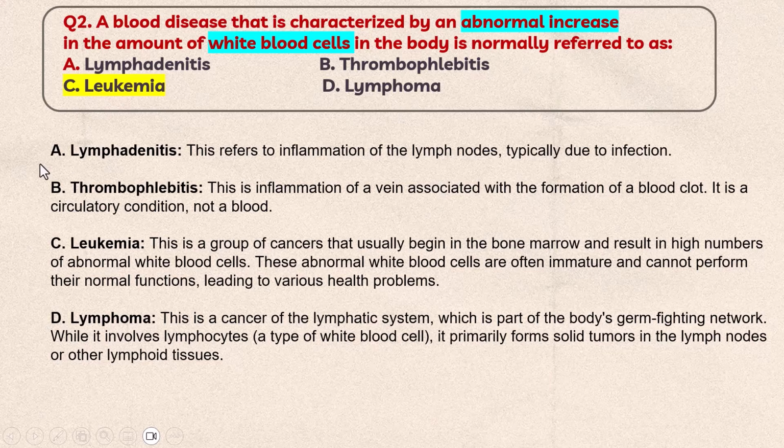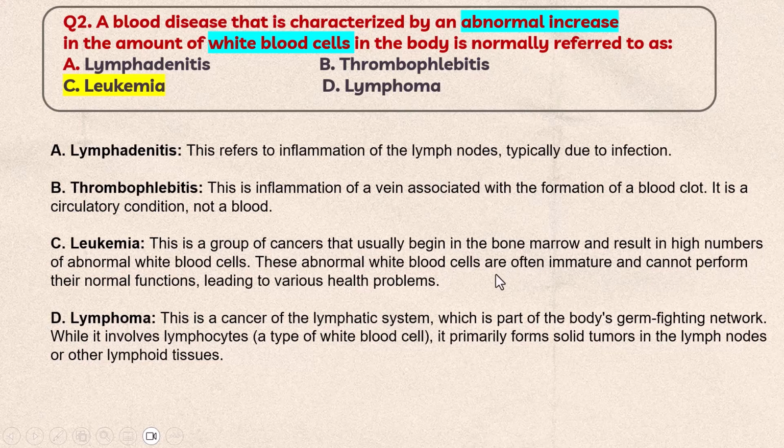Leukemia. So when you take the other answers, lymphadenitis refers to the inflammation of lymph nodes, typically due to infection. B. Thrombophlebitis is inflammation of a vein associated with the formation of a blood clot. It is a circulatory condition, not a blood disease. Leukemia is a group of cancers that usually begin in the bone marrow and result in a high number of abnormal blood cells.